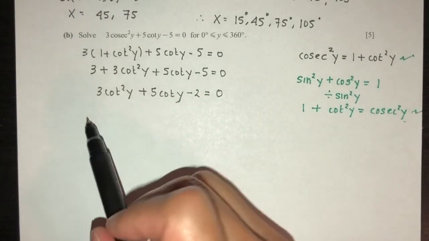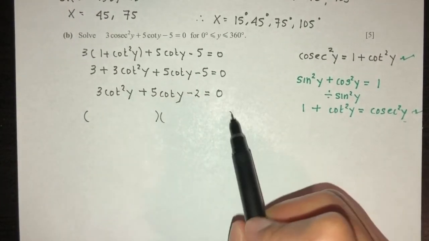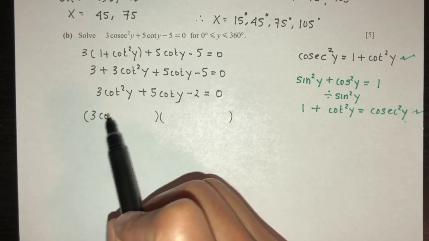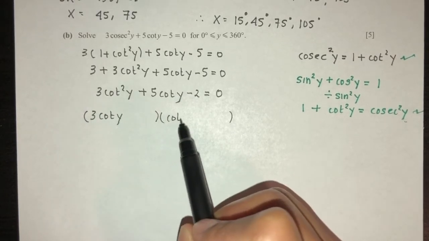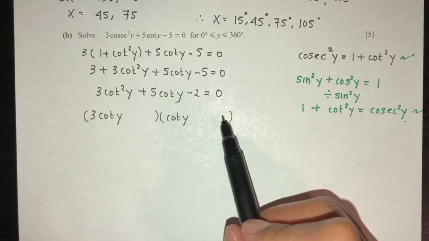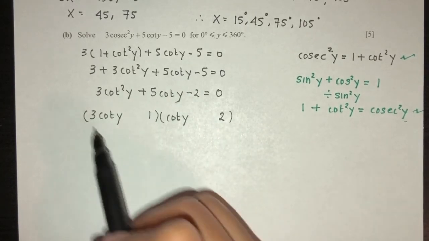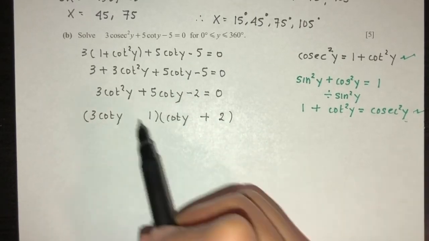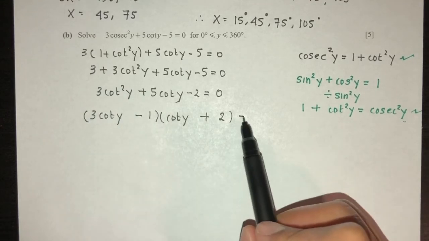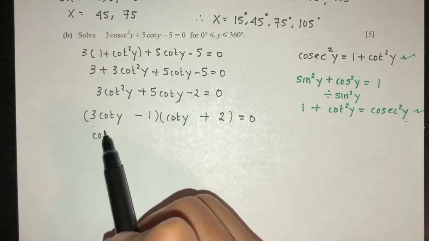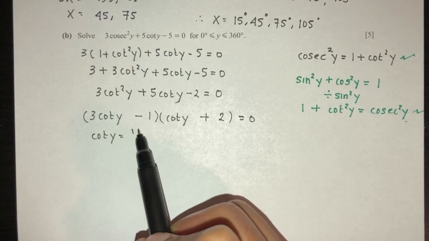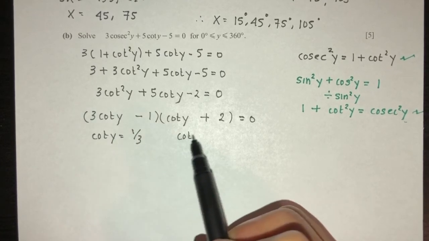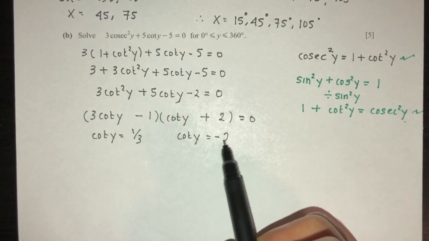Now if you factorize this, you will have 3 cot y times cot y. 2 is 2 times 1, that could be plus 6 minus 1 to get plus 5, right? So first one is cot y is equal to 1 over 3 and cot y is equal to minus 2.